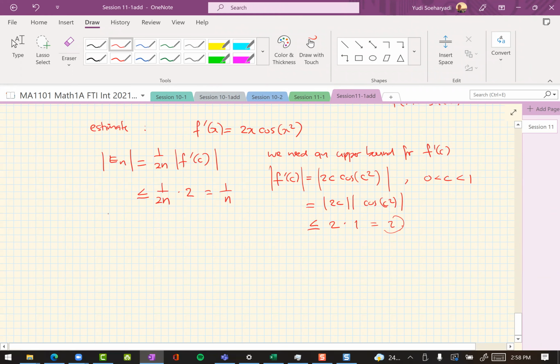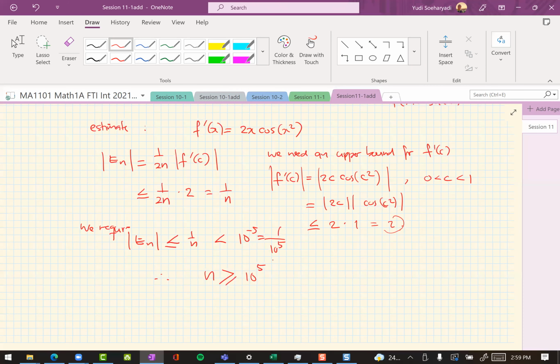So when we require the error less than 10 to the fifth, you can guess what n is. So n must be bigger than that.